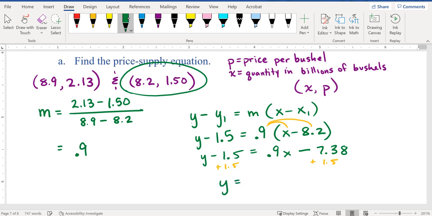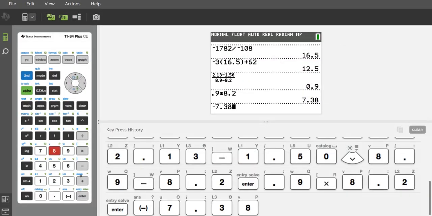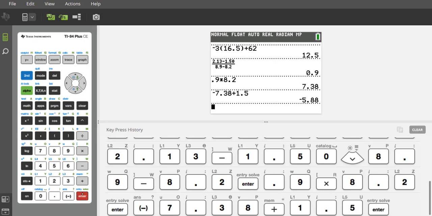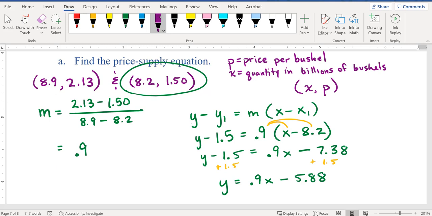So I have y equals 0.9x and then negative 7.38 plus 1.5 is negative 5.88. That is my price supply equation. Now, instead of doing y, we're using p. So this should be p here.